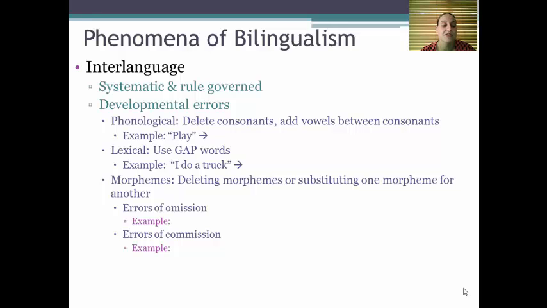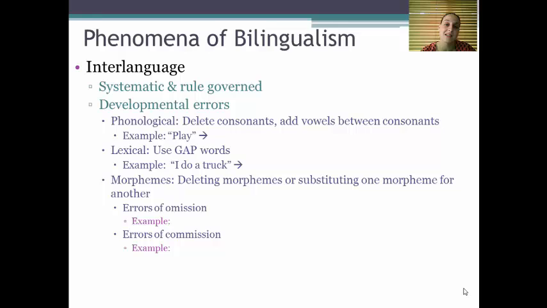So let's say he's supposed to say, he likes carrot. They would say, he like carrot. And so that's an error of omission. The commission error would be adding a morpheme or a suffix inappropriately, or unnecessarily, one could say. So, for example, I runned away. Obviously, we know that the past tense of run is ran.